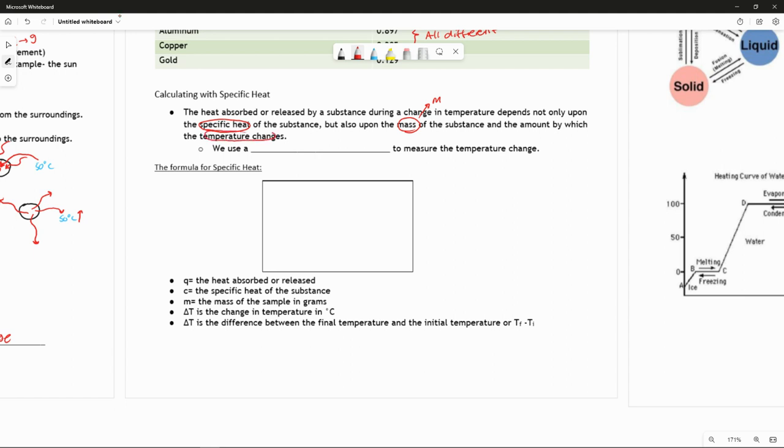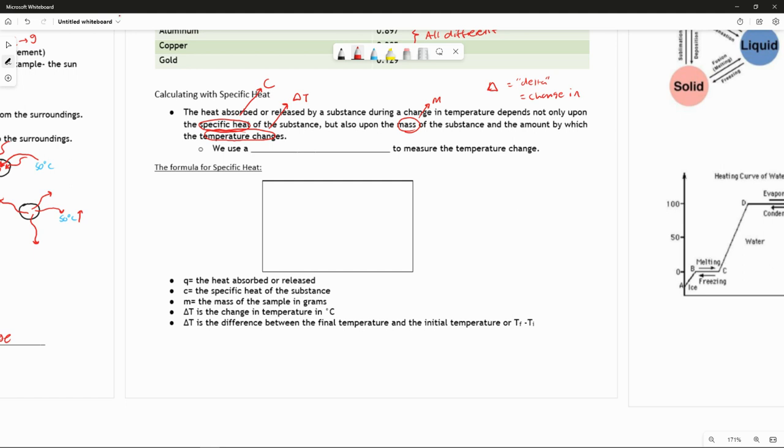Temperature change is going to be delta T, and delta means change in. So we have three variables here: C for specific heat, delta T for temperature change, and m for mass.